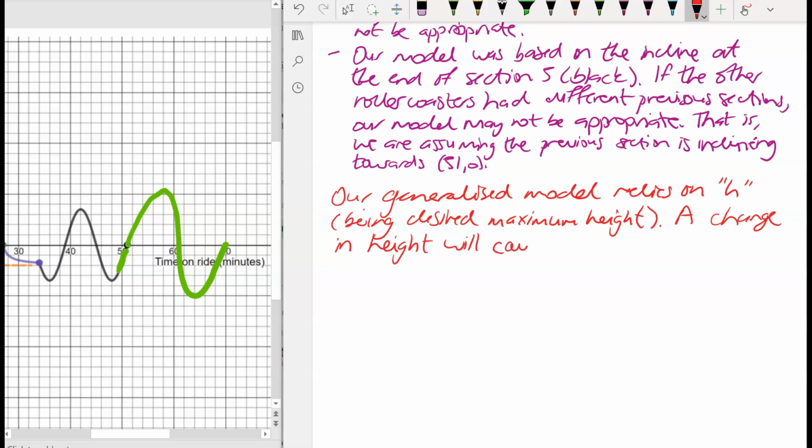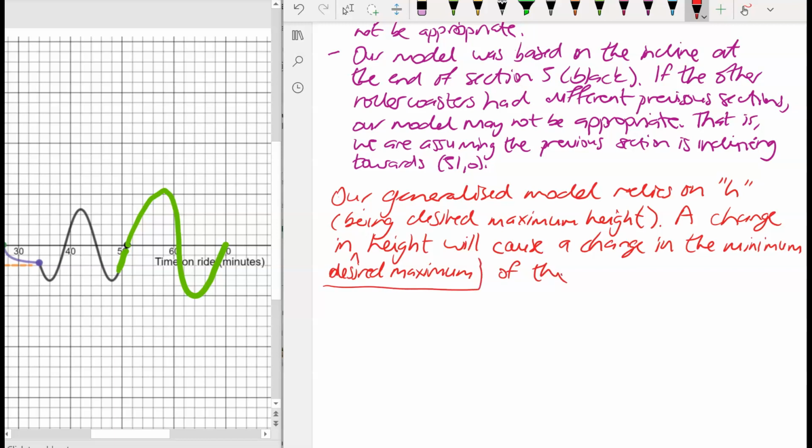A change in desired maximum height will cause a change in the minimum of the, so let's just square that off so we know, of the VR, of the underground VR tunnel. See examples below just to explain this a bit more.